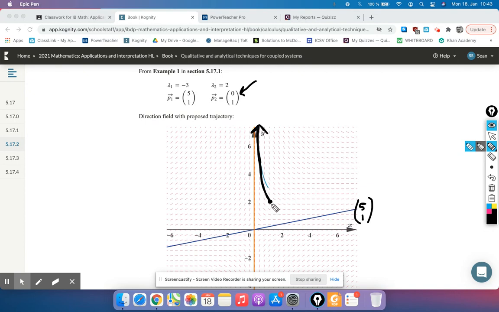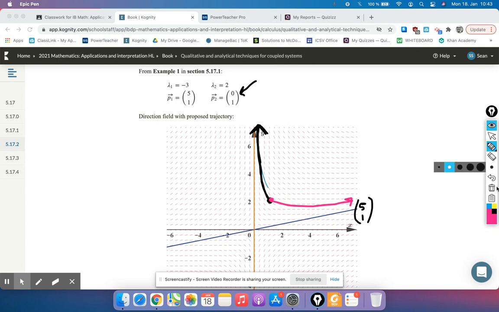So you would have to draw something like this with an arrow saying which direction it's going. If you thought, oh, actually it's starting here and it's moving this way, then that's wrong. It's only going to be worth like 1 or 2 points for this picture.